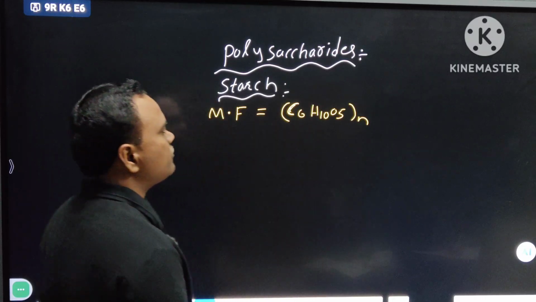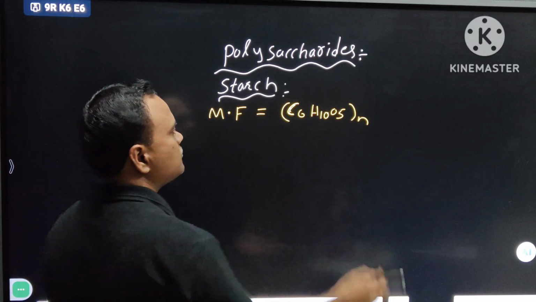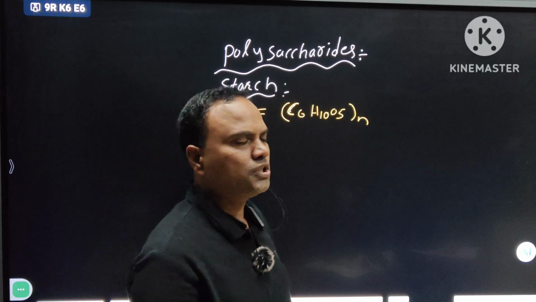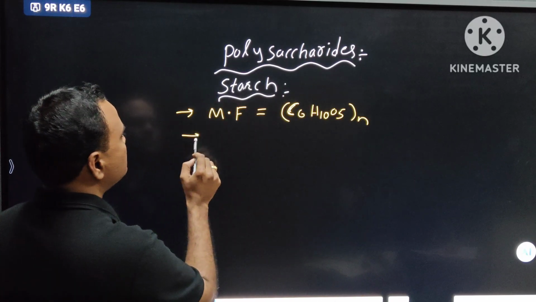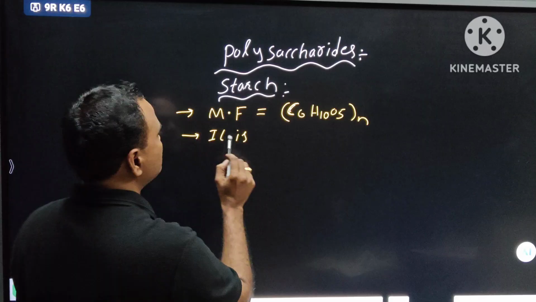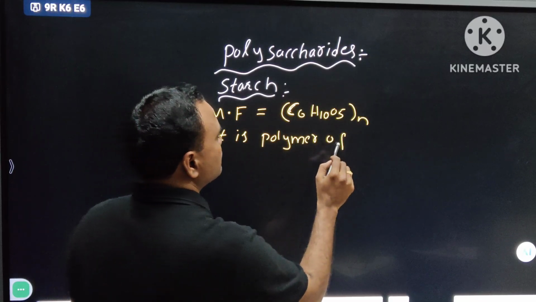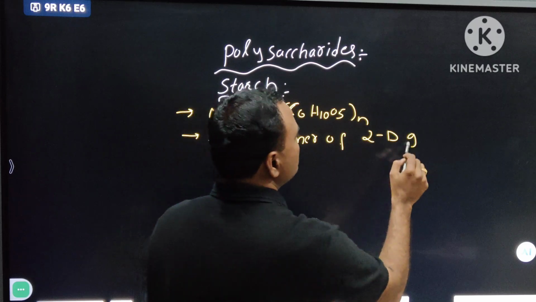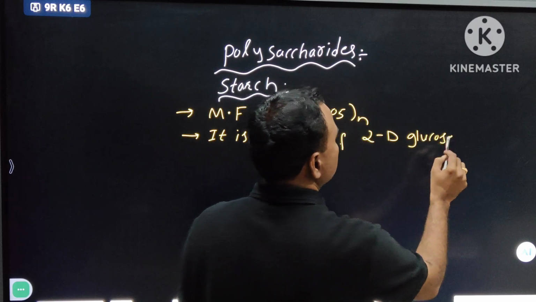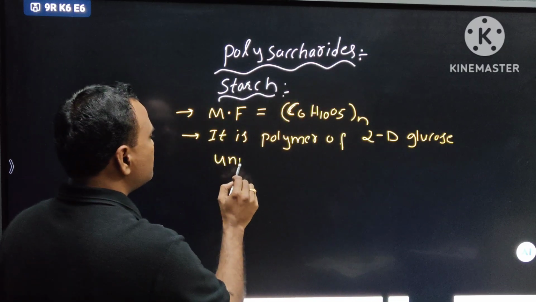This is the molecular formula of starch, right? It is a polymer of alpha D glucose units.